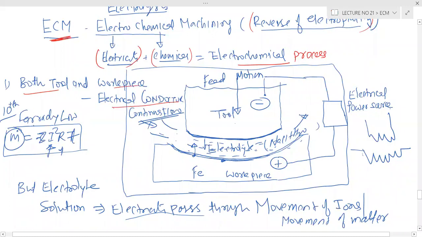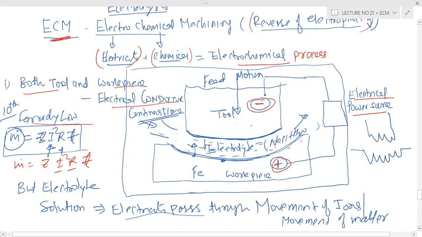And it obeys Faraday's law: mass deposited or removed equals Z I squared R T, where R is the resistance, I the current, and T the time. More time means more mass. When power is supplied, the tool is connected to the negative and the workpiece to the positive.